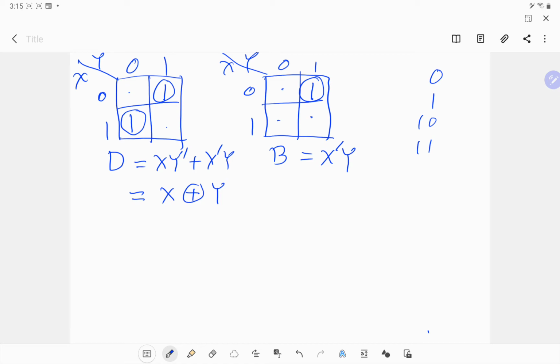Now we want to draw the circuit, the half subtractor circuit. We have two inputs, x and y, and two outputs, D and B. D for difference and B for borrow. So we have an exclusive OR.